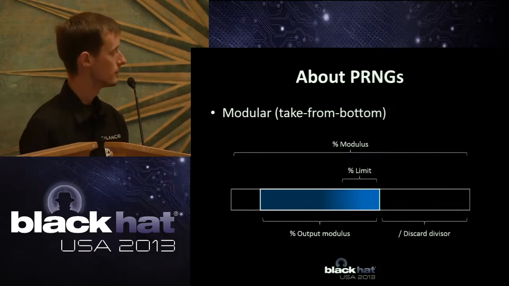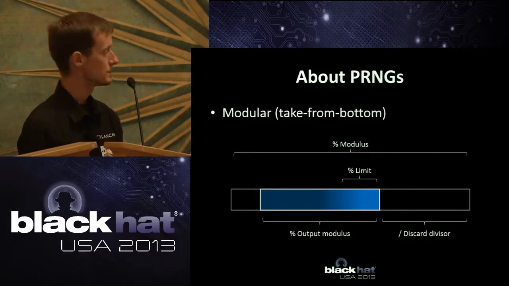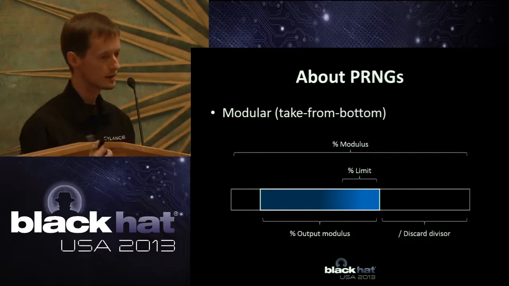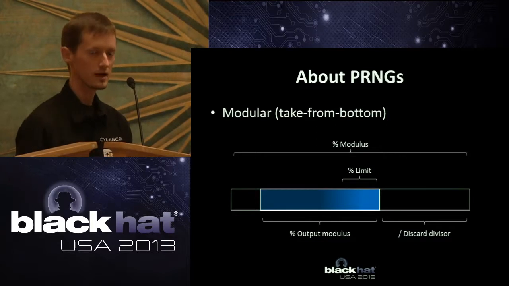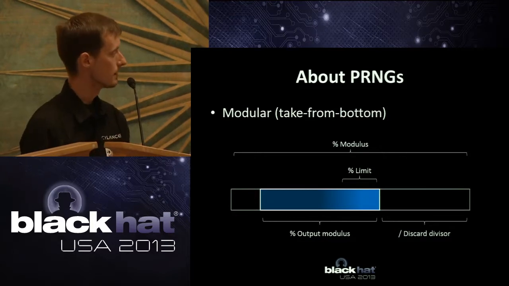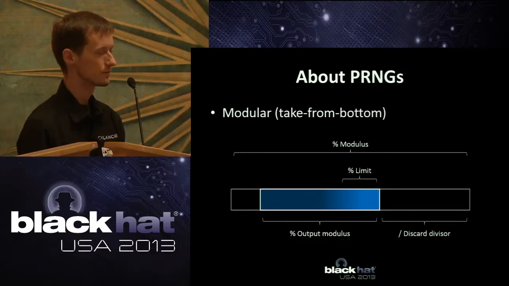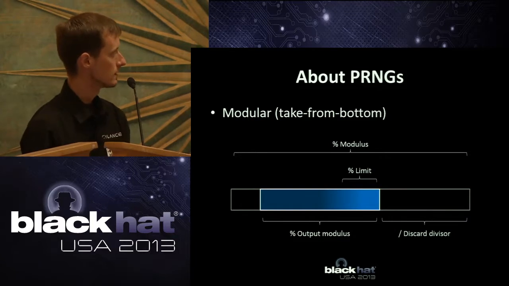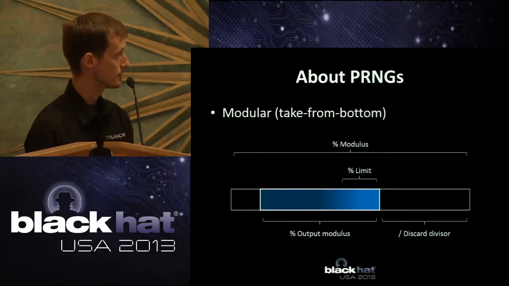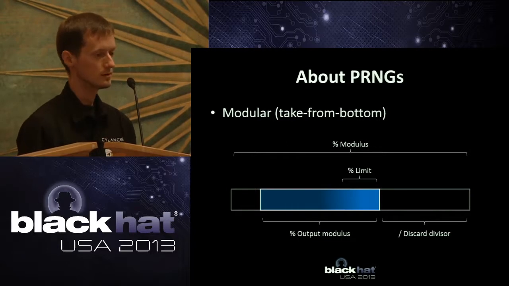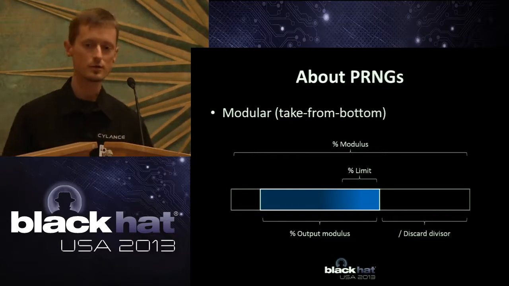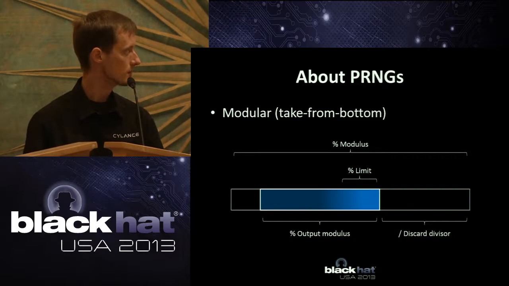The modular mode, we've got a few different things going on here. The big rectangle is the raw pseudorandom number. Usually that's just the state, just pulled directly out of the PRNG and then fed back to the application. But sometimes there are a few transformations that happen. And of course, an important number here is the big modulus. That confines the entire range of pseudorandom numbers that might come out.